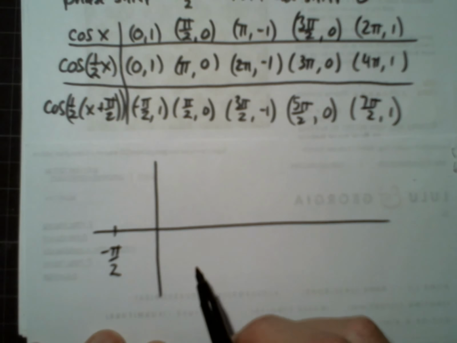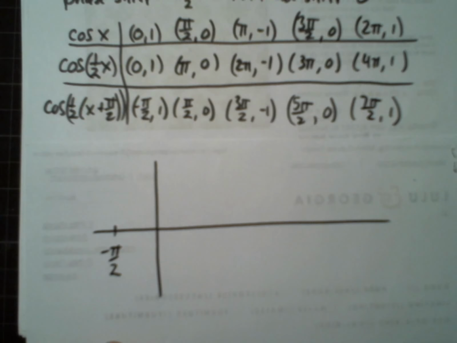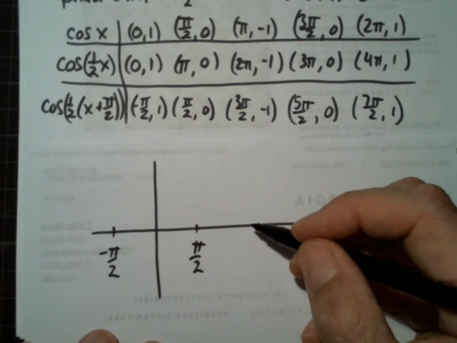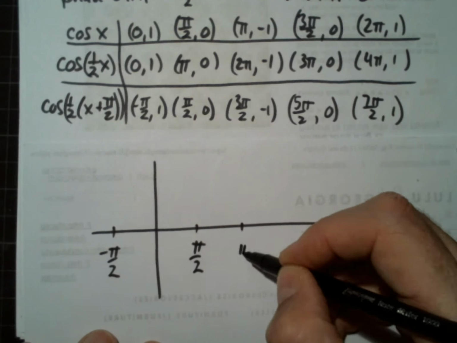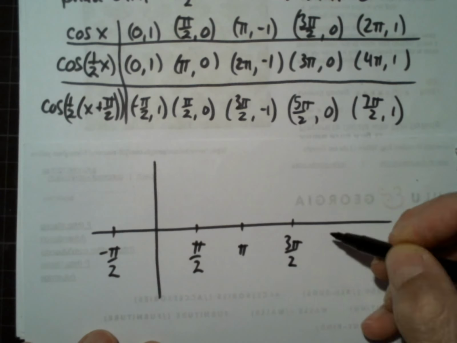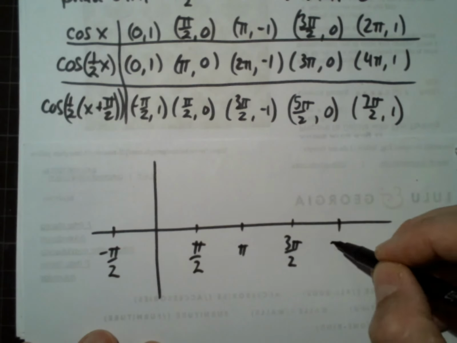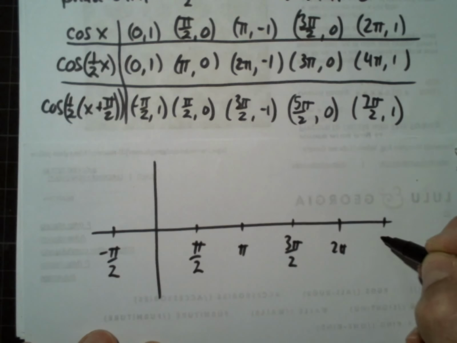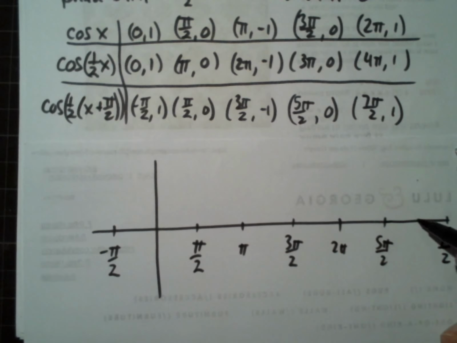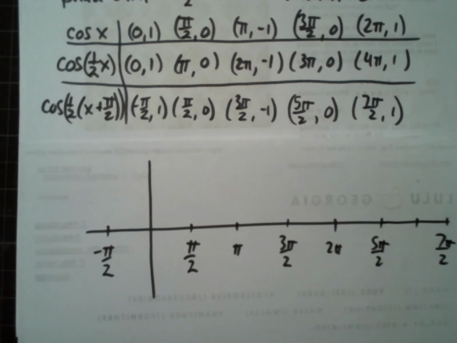Negative pi over 2, and that's going to be pi over 2, pi, 3 pi over 2, 2 pi, 5 pi over 2, 7 pi over 2. Here's going to be 3 pi right here.